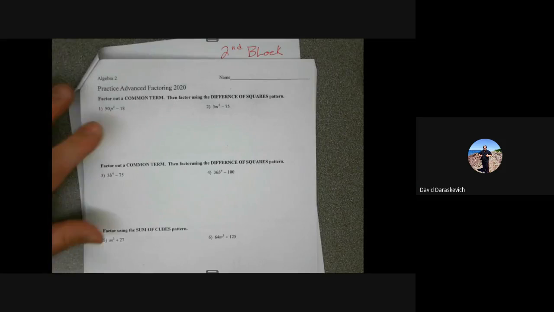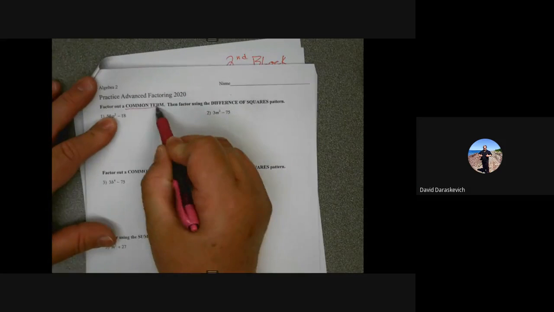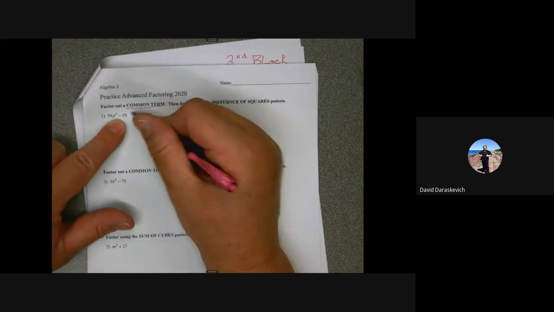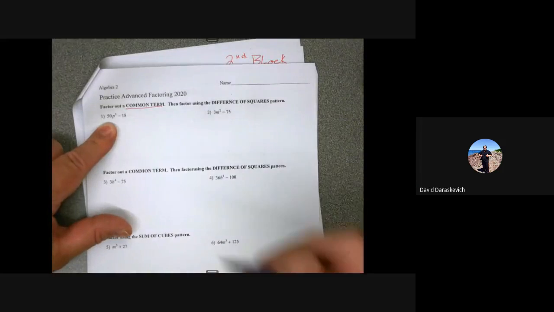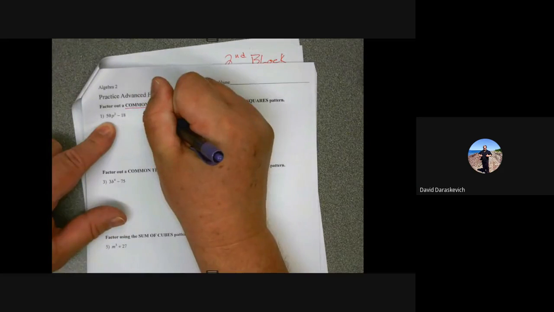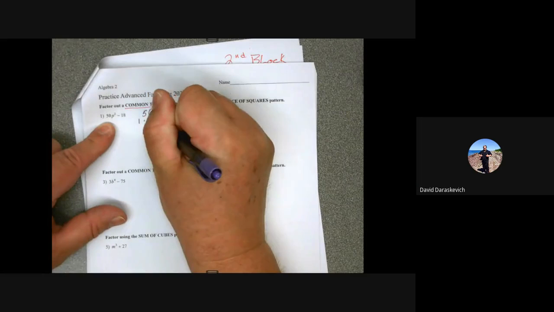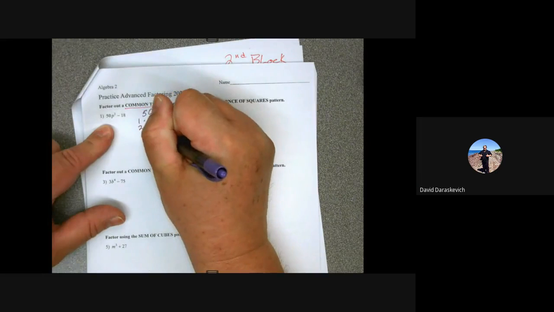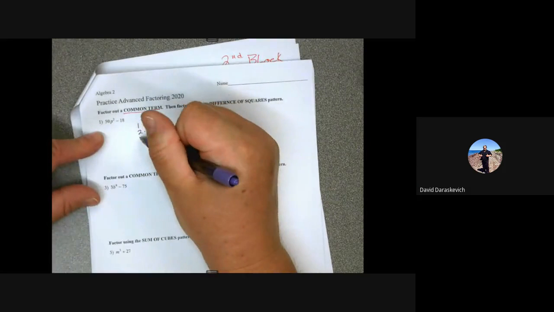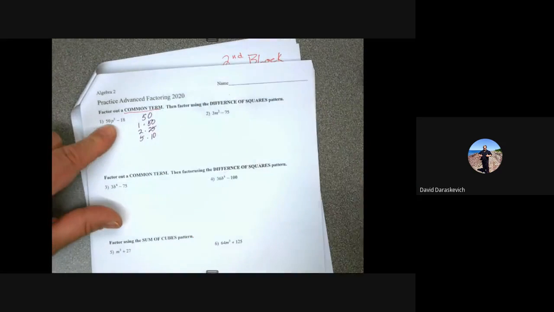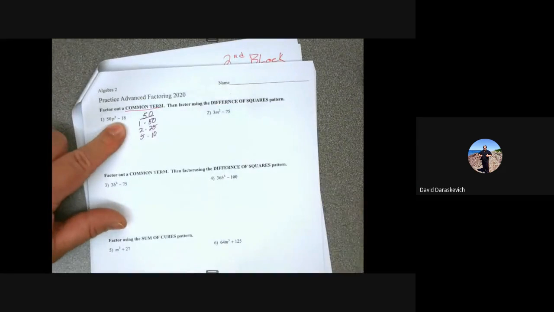What it tells you here, okay? Even tells you, take out the common terms first. So what you're doing is, you're looking at 50 and 18. So if I look at the factors of 50, I got 1 times 50, 2 times 25, 5 times 10. And then I'm looking at 18.